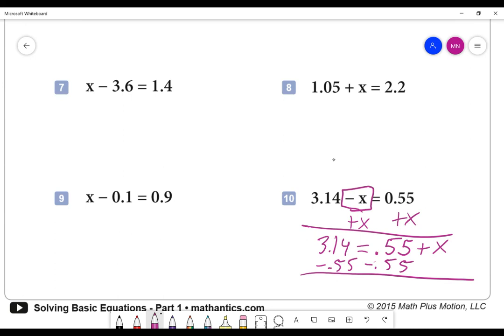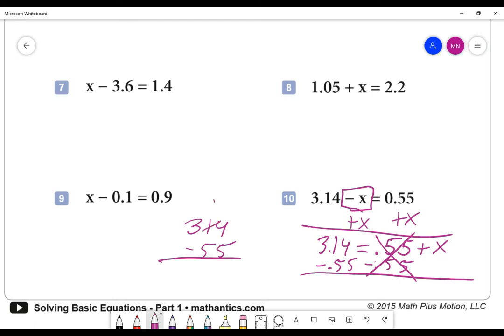And so here, we do 3.14 minus 0.55. It seems a little difficult, but remember, you can always do it as 314 minus 55, and then just put the decimal place back in where it belongs. So let's see, 4 minus 5.